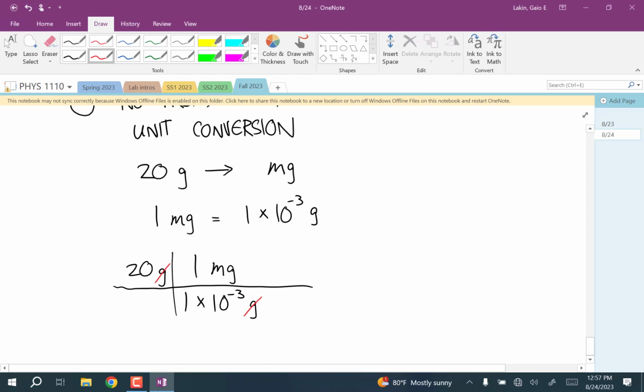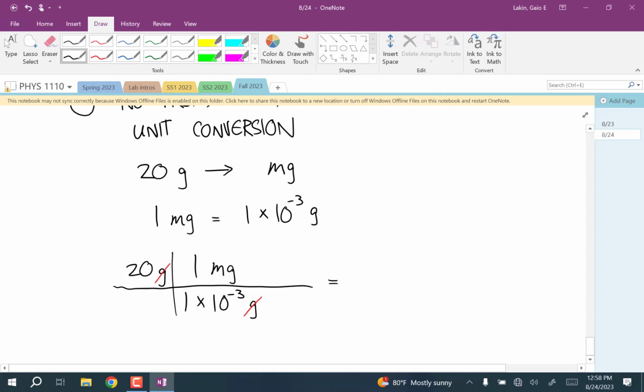The grams cancel. If you remember exponent rules, I'm sure it's a little hazy for a lot of you, but dividing by 10 to the minus third is the same thing as multiplying by 10 to the third.